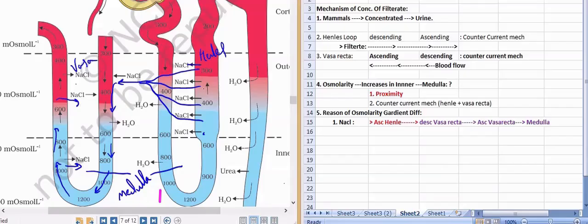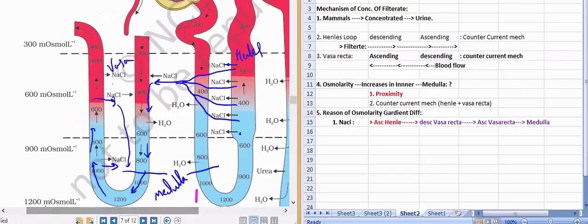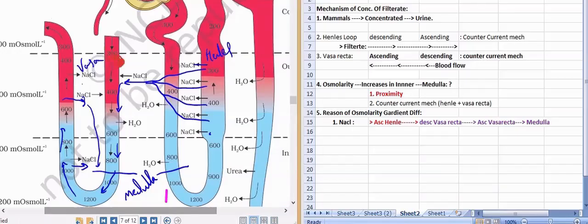So this is a cycle. From the ascending Henle, it goes to the descending vasa recta, from the descending vasa recta to the ascending vasa recta, and from the ascending vasa recta again to the medulla. Because of this continuous movement, they maintain the gradient, and because of that gradient it will be 1200, 900.